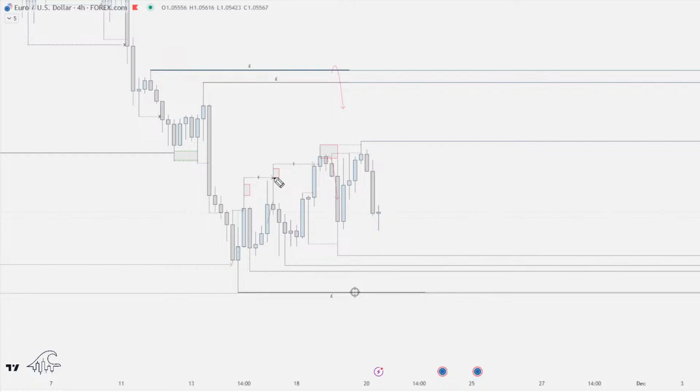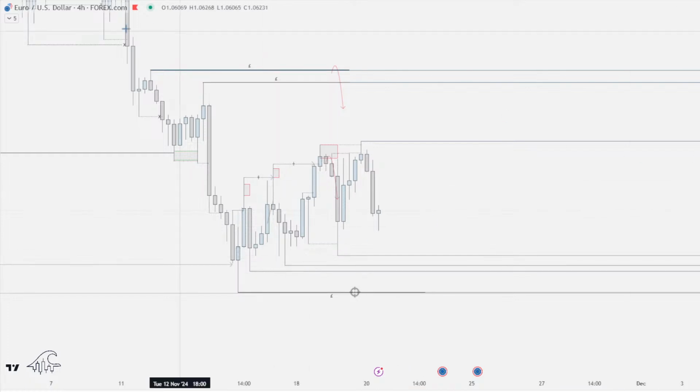It swept the high, moved down. It swept another high, moved down. It swept another high, and it's moved down. Now, we haven't had the expansive move yet.